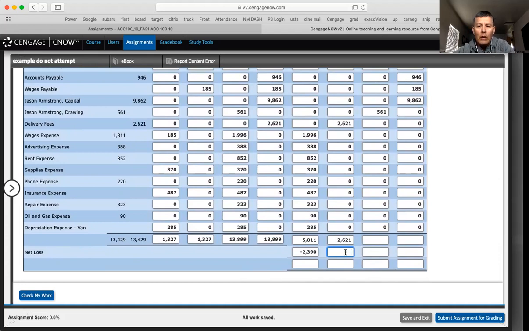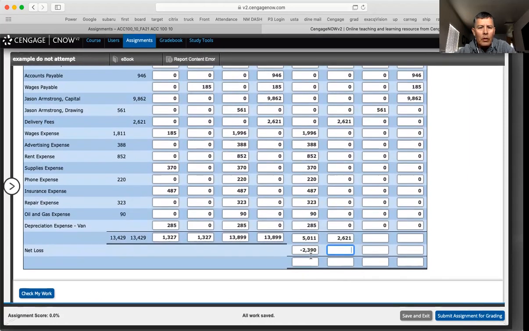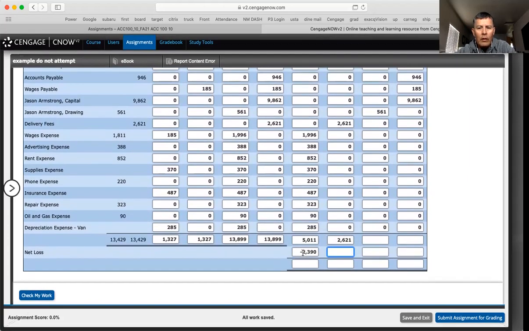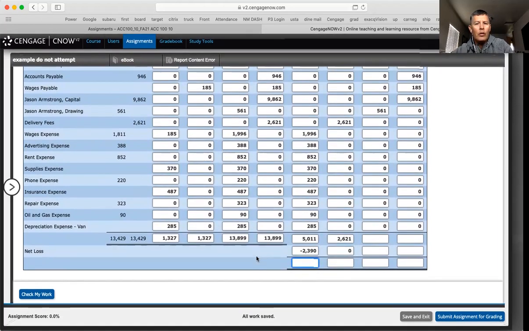Hang on, let me see. That's what I'm saying is a net loss. This will be 0. So the difference between those two.